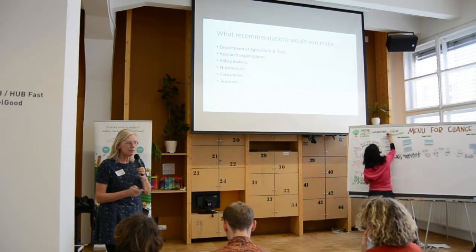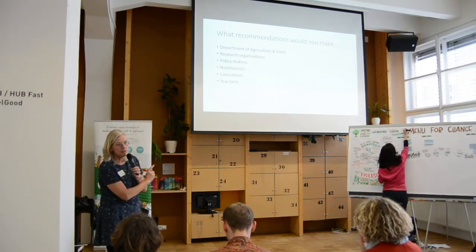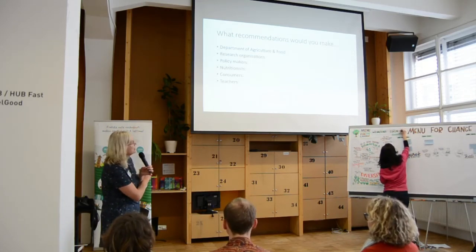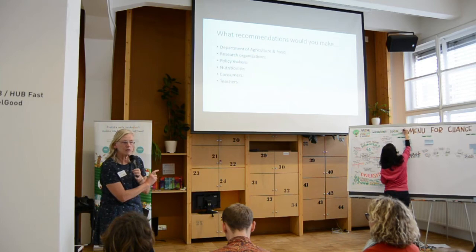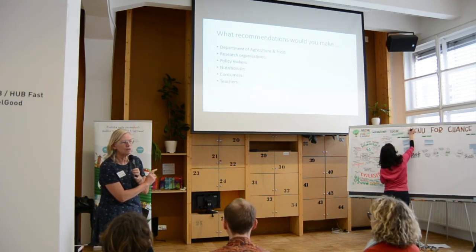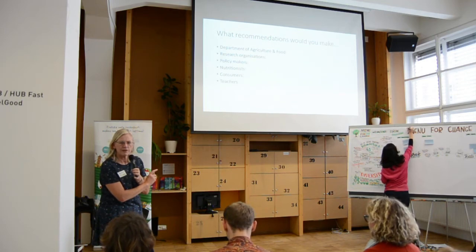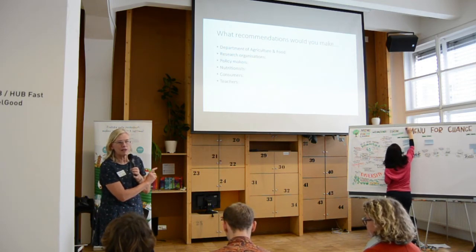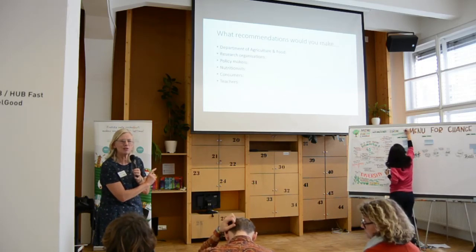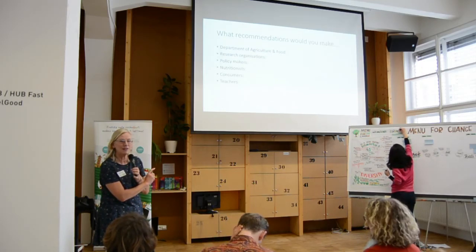If you can pick any one of these groups that you like, and think, well, what if you were recommending what to do about this problem to any of these groups? What would you recommend? So you don't have to pick all of them, just one group that you like the look of. What do you think? What could you do?